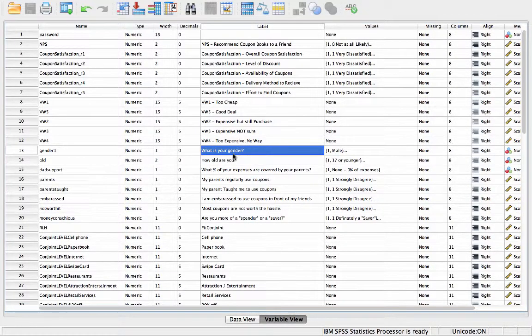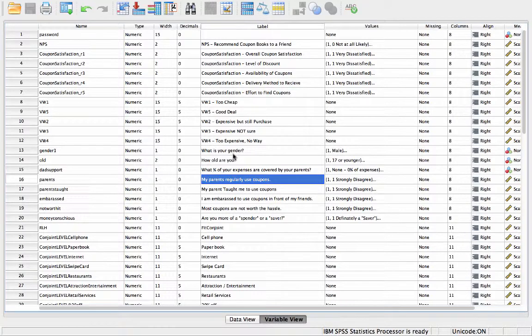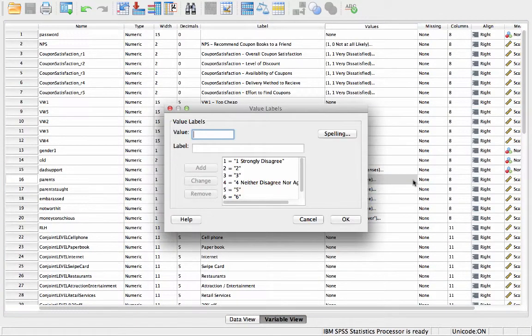What is your gender? How old are you? What percentage of your expenses are covered by your parents? Then these are agree, disagree questions on a 7-point scale, where 7 is strongly agree with the statement, 1 is strongly disagree, and 4 is neither agree nor disagree.